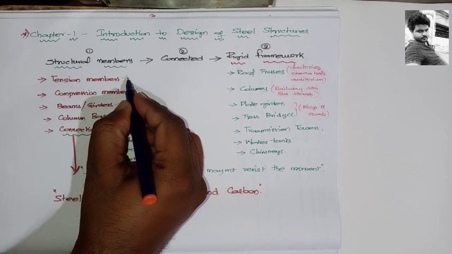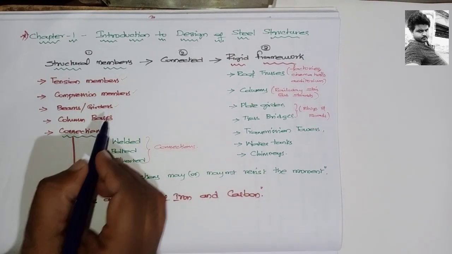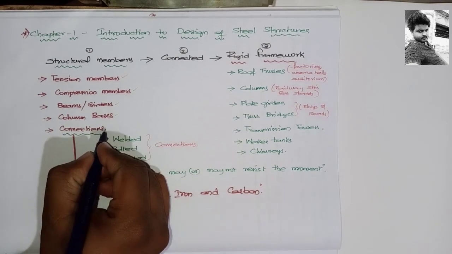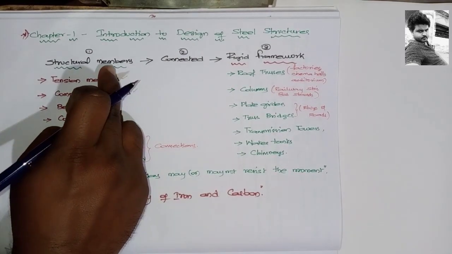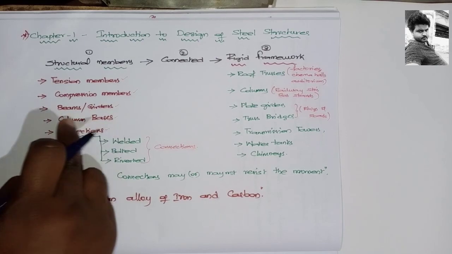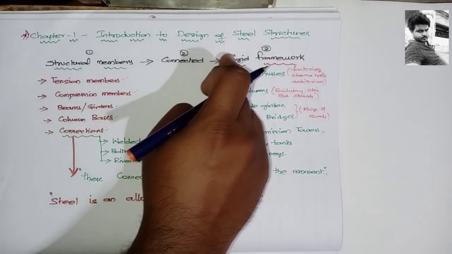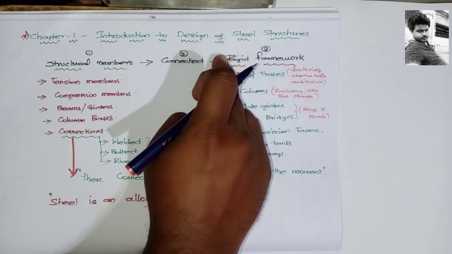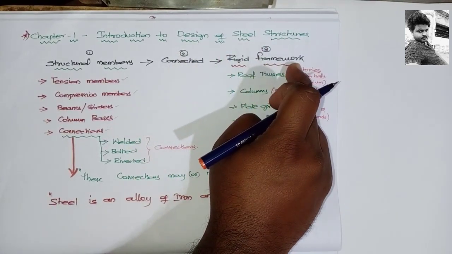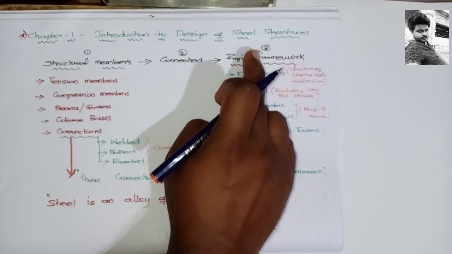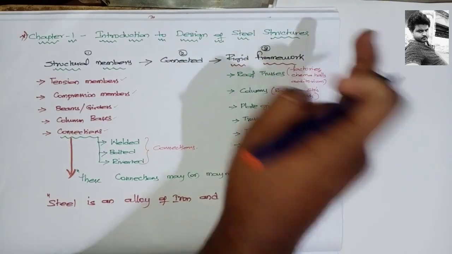Next, column bases and connections. All these different members connected together by different connections will form one rigid frame structure, a steel structure.